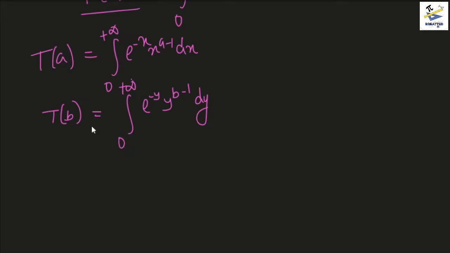Now when you multiply these two, as we have seen in the previous sections, what we do is we use a double integral, because that is why we have used different variables to represent them.